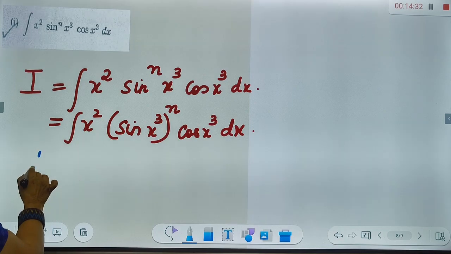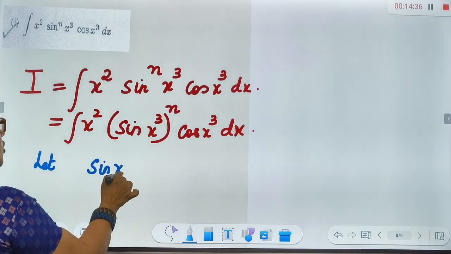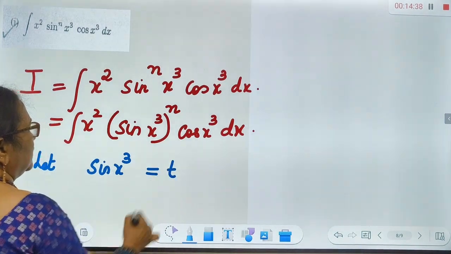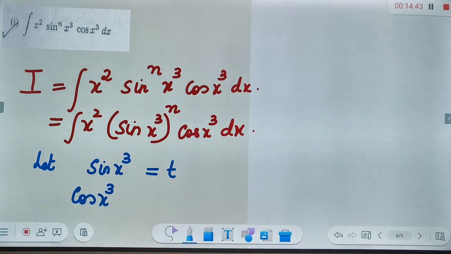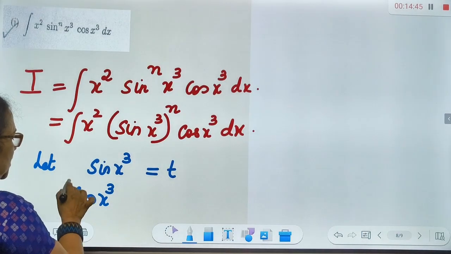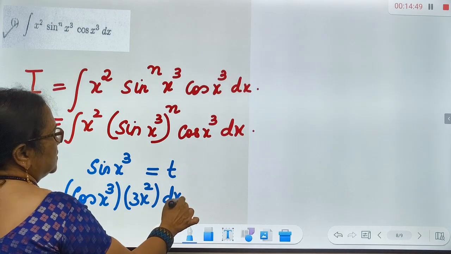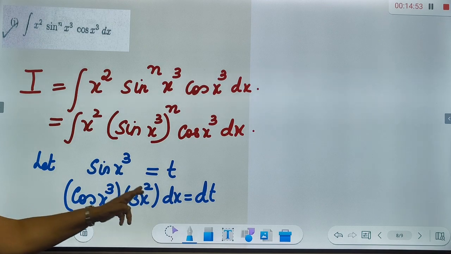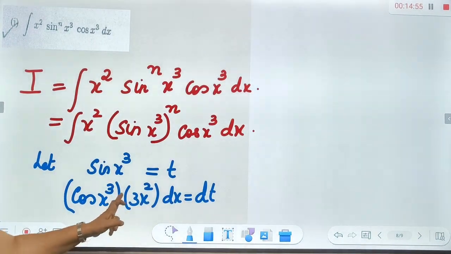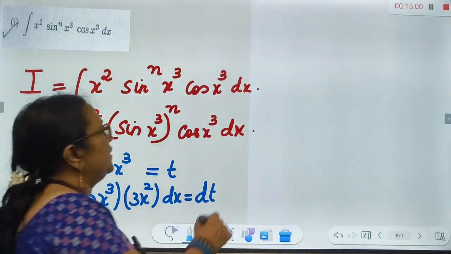Now, let sine x cube be equal to t. Then differentiating, it's an implicit function, so the derivative of sine x cube is cos x cube into the derivative of x cube, which is 3x square, dx equal to dt.